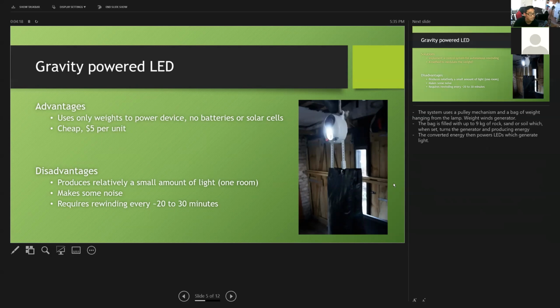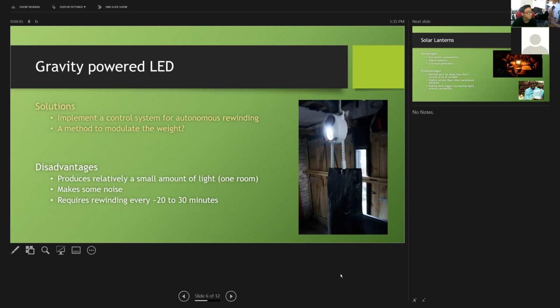It's $5 per unit. One of the disadvantages that we've seen is it makes a lot of noise, so there's a lot of discomfort in the environment, and it requires manual rewinding, and it only lasts for a 20 to 30 minute iteration. Next slide.